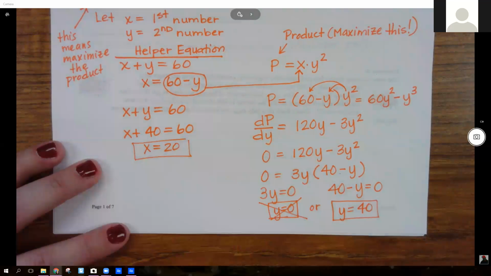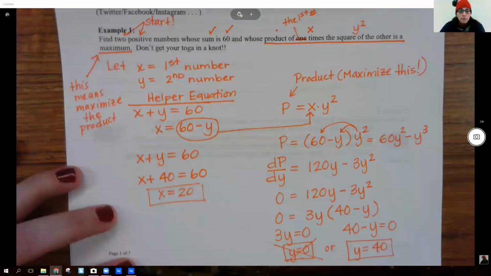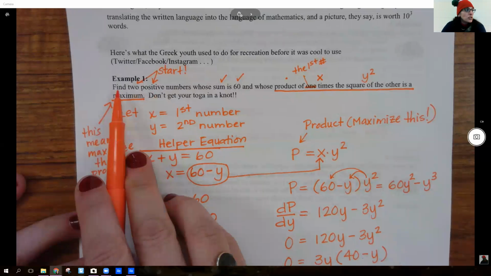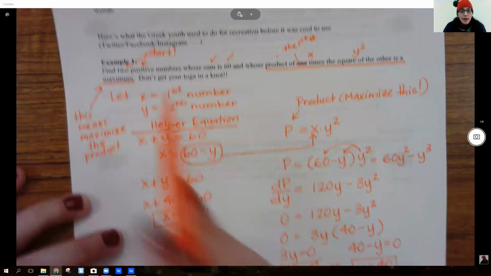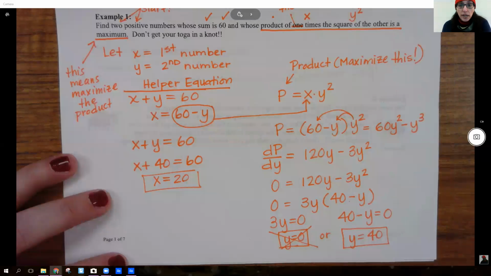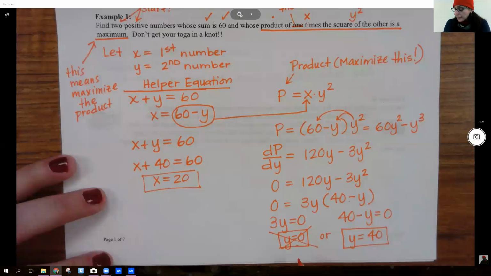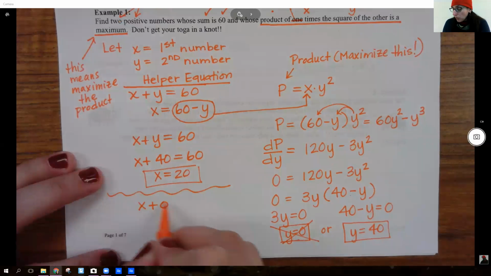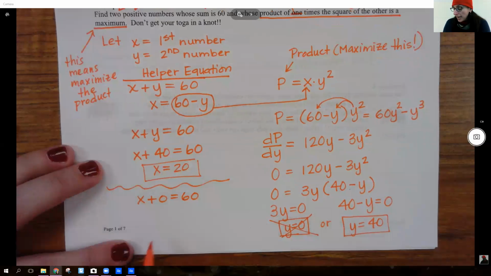Wait, why did we get rid of the y equals 0 again? Because the two numbers have to be positive. It said find two positive numbers, and since that one's not, it's neither positive nor negative, you throw it out. Okay. Now let's say you kept it, like you didn't notice that little thing. If y is 0, then x plus 0 would be 60, and x would be 60.